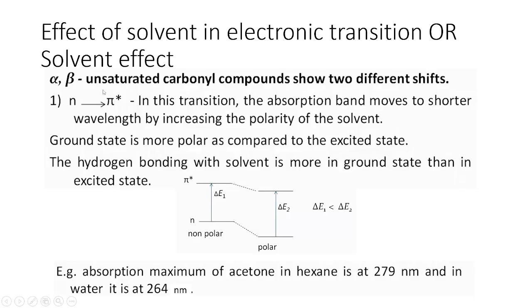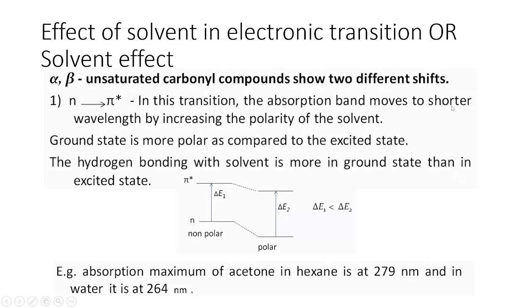And when this compound is placed in a polar solvent, the polar solvent creates a hydrogen bond with the alpha beta unsaturated carbonyl compound, and that's why the ground state orbital will be stabilized, and the energy difference between n and pi star will be increased.